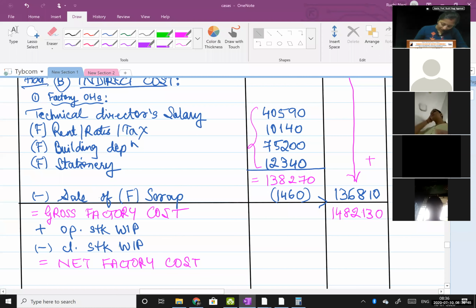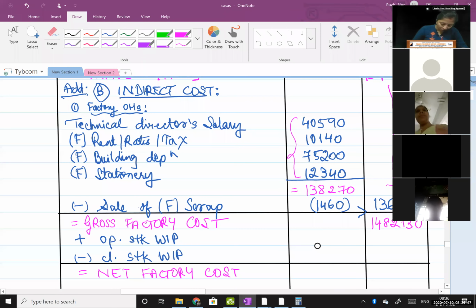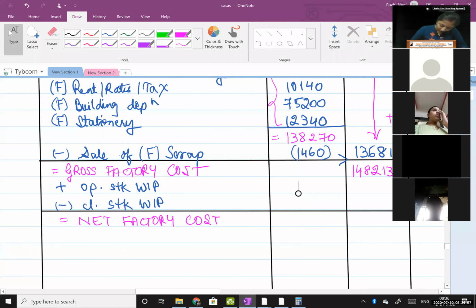Let us check how much is opening stock. Closing stock of WIP is 1,20,260. So write it here.